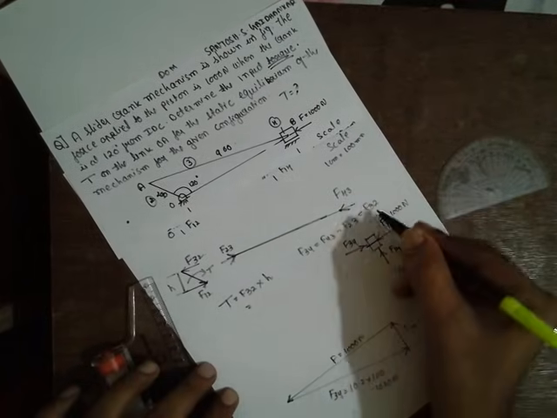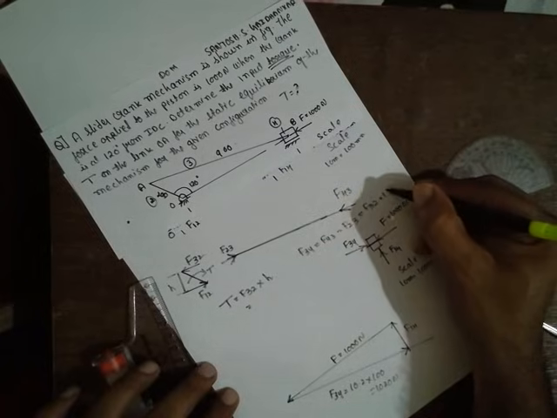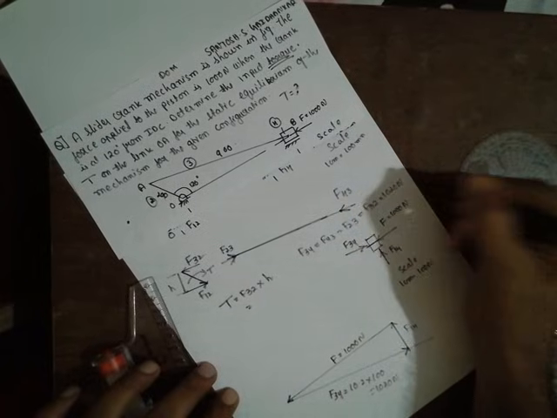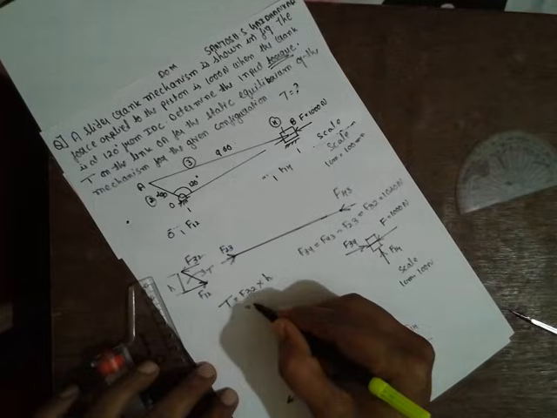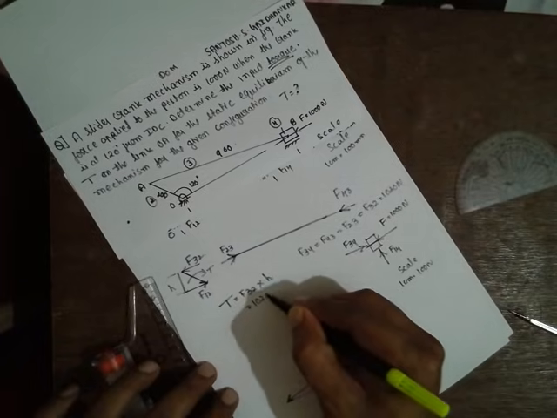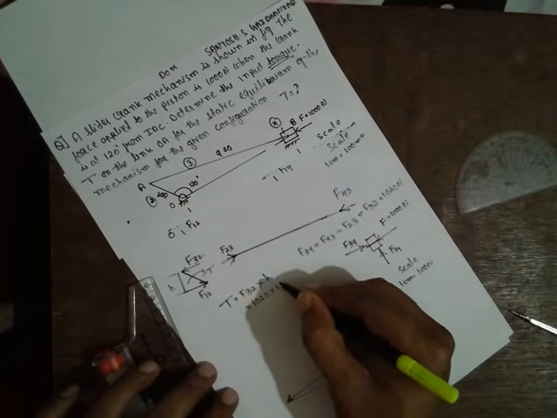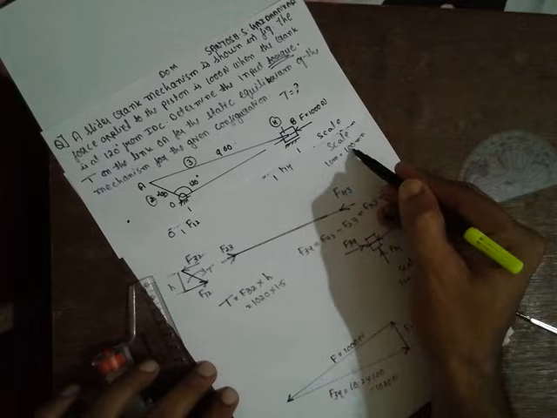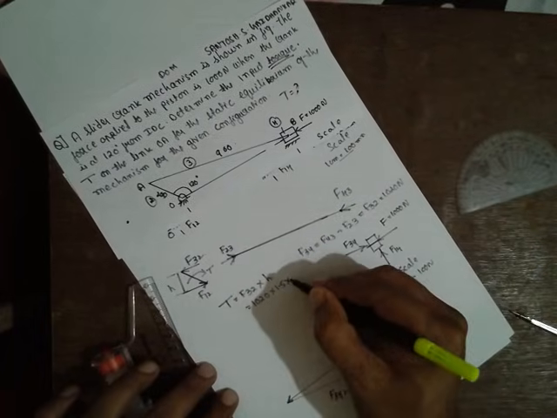Therefore the value will be 1020 Newton. Now 1020 Newton into H, which is 1.5 into scale. Scale is nothing but 100.